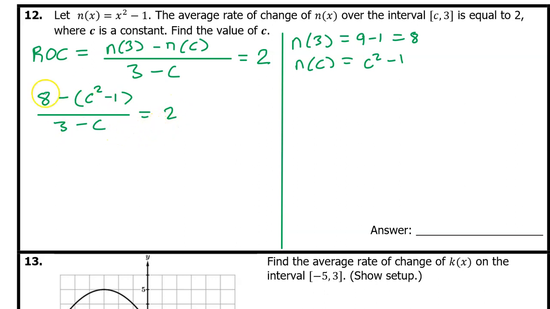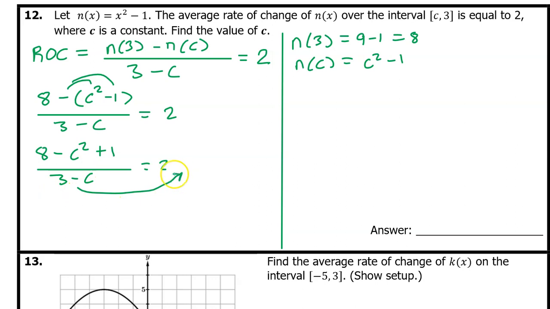So our goal is to solve this for c. If we do the distributive property, then we have 8 minus c squared plus 1 over 3 minus c is equal to 2. I'm going to do two things at once now. I'm going to multiply both sides of this equation by the denominator, so this 3 minus c is going to wind up over there.